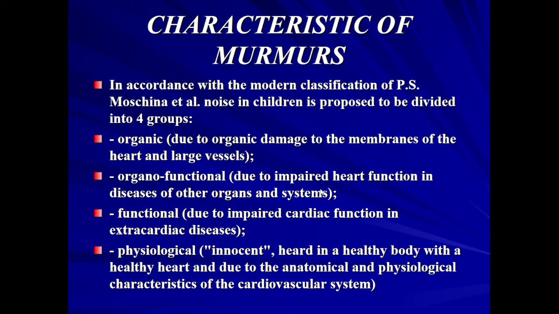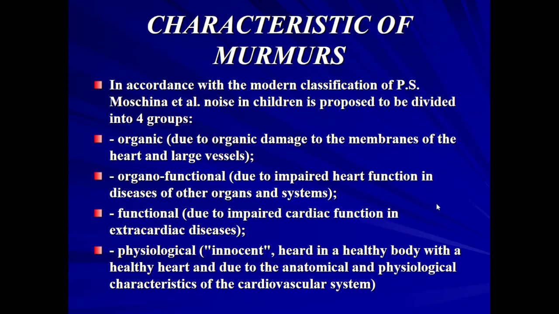Characteristics of murmurs in accordance with the modern classification. Murmurs in children are proposed to be divided into 4 groups. Organic, due to organic lesions of the membranes of the heart and large vessels.